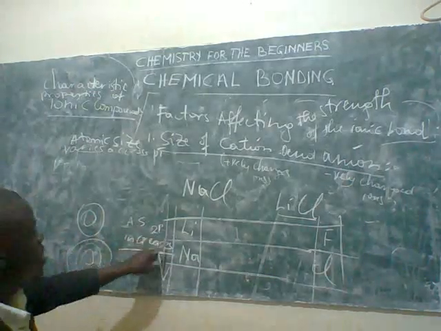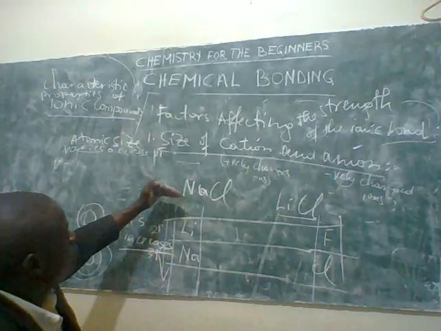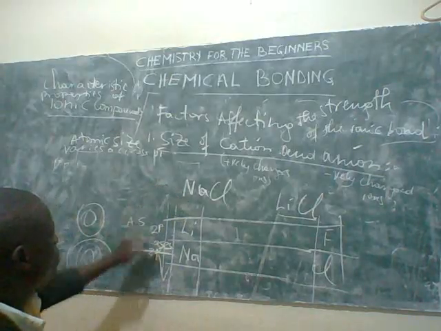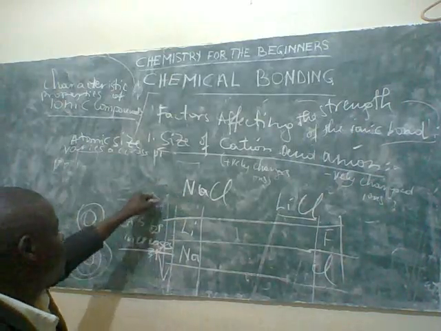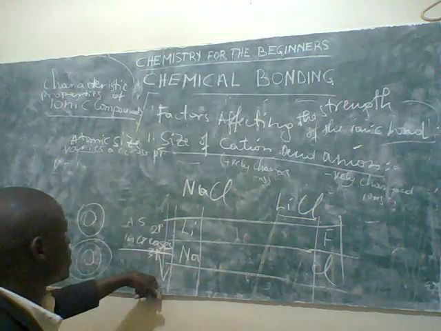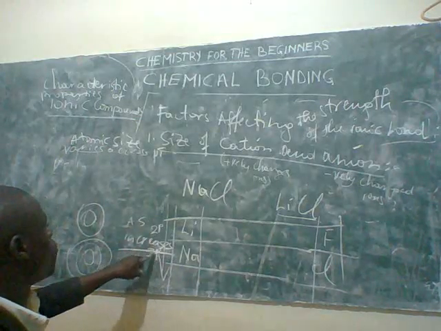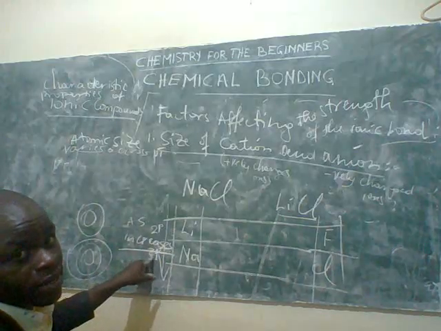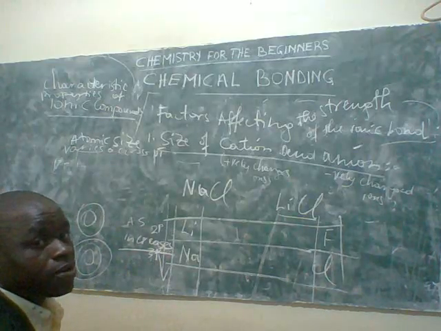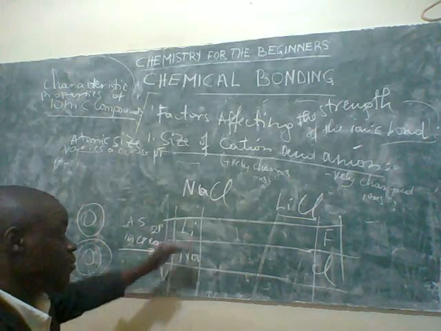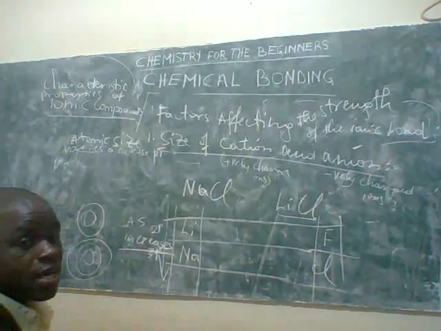From top to the bottom, the atomic size increases due to the increase of the electronic shells or energy levels. When they increase, the atomic size also increases.